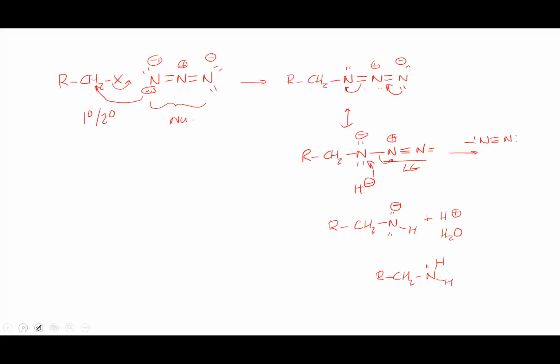There is another way to make amines, and we're going to do a lot of reactions with organometallic reagents like Grignards and cuprates, and these are going to rely on us to remember our aldehyde and ketone reactions. And here's one.